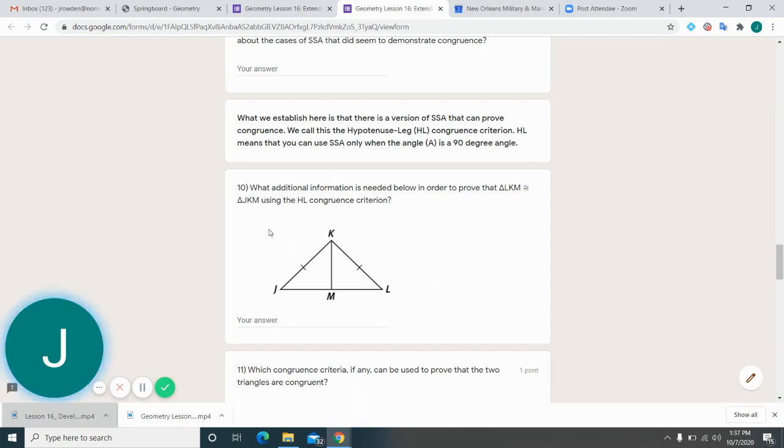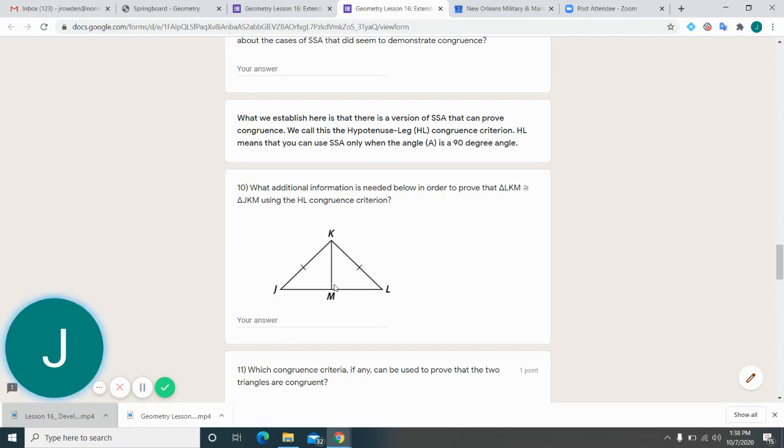Okay, so what do we need here in order to prove that these two triangles are congruent by using HL? You'll notice it already tells us that this side, KL, is congruent to KJ. These are congruent. And then KM is going to be congruent to KM, meaning each triangle shares that same side. So we have side, side, and then if we're going to use HL, that means we're going to do a side-side-angle, and the angle they share needs to be a right angle.